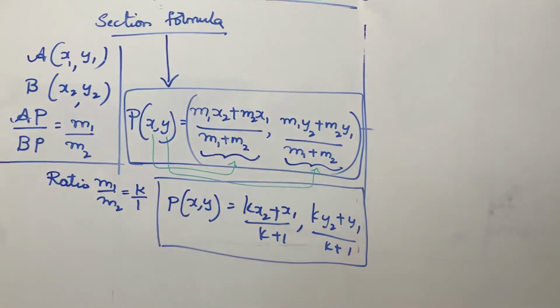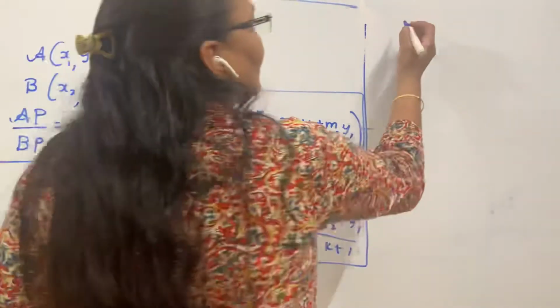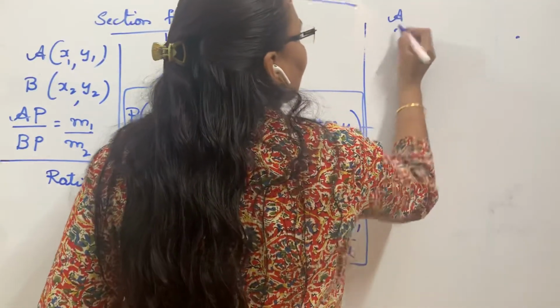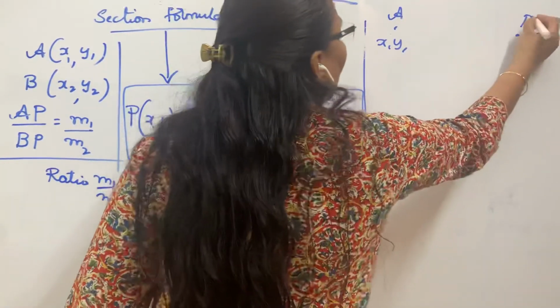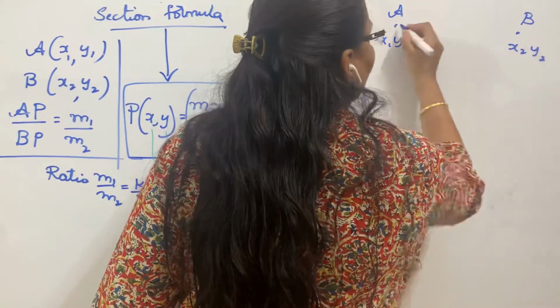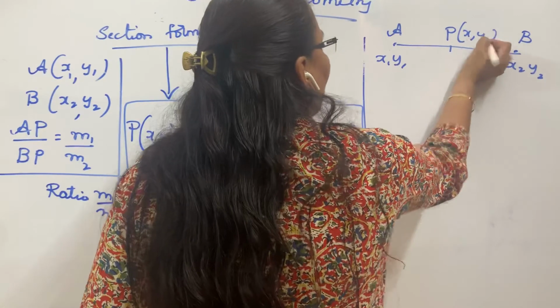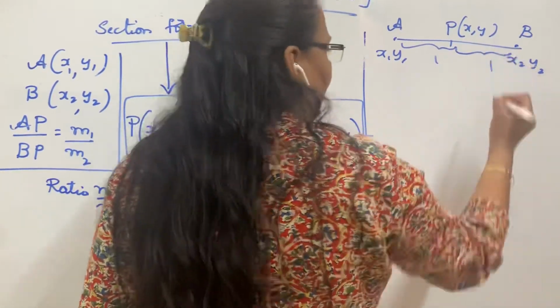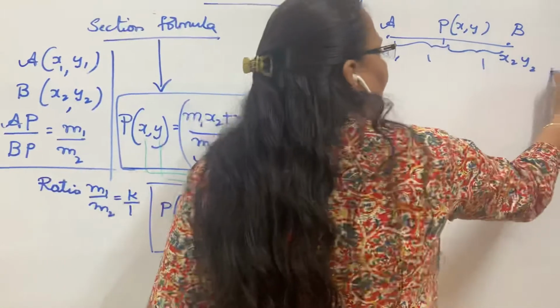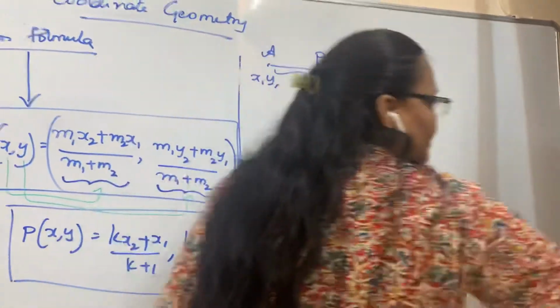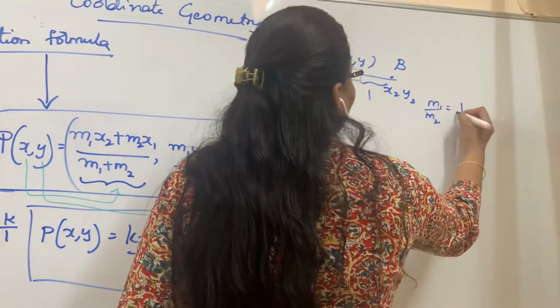Okay, now the next case is, see here, they have given two coordinates here, A x1 y1 and B x2 y2. And the coordinate you have to find is P x comma y. But this ratio is 1:1. That means m1 by m2 is 1:1 ratio.